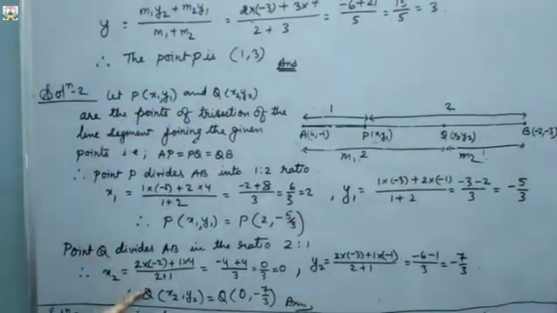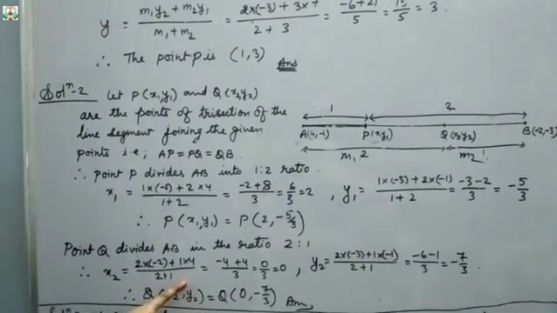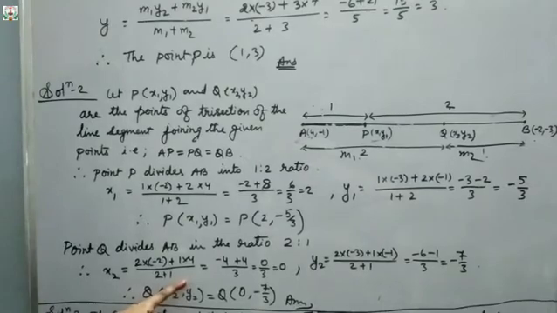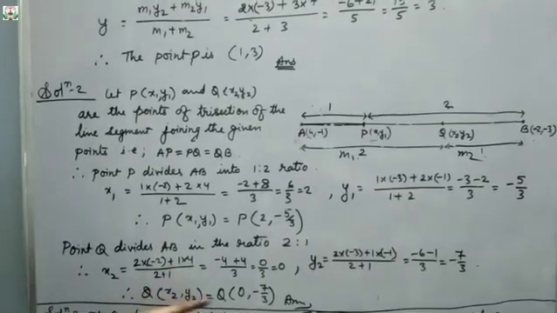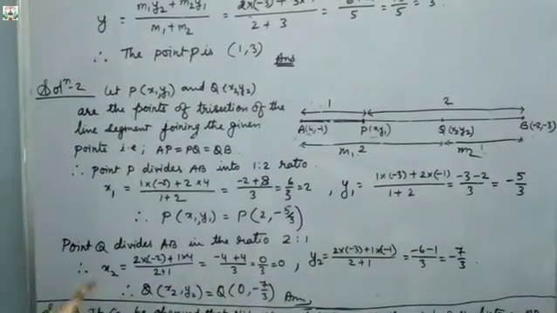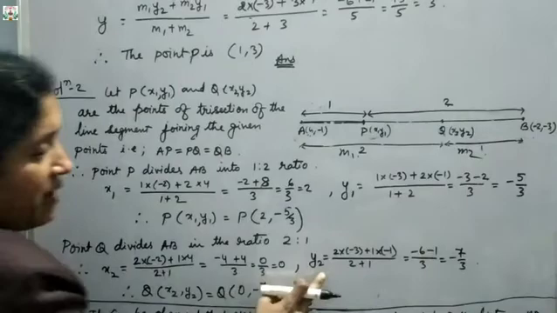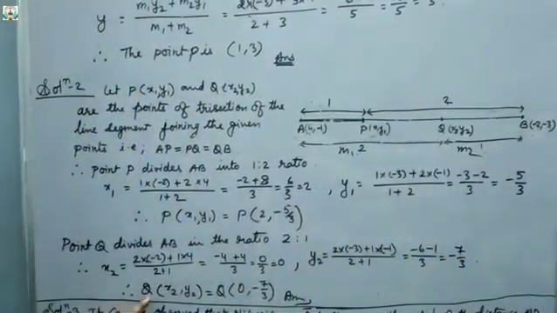So you will get x2 and y2 after putting the values of m1, x2, m2, x1 upon m1 plus m2. Then on solving you will get x2 as 0 and y2 as -7/3. So what will be the coordinate of Q?